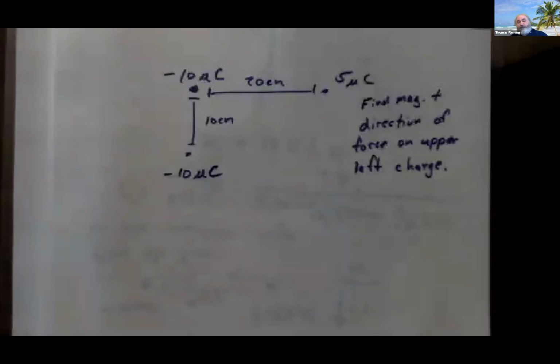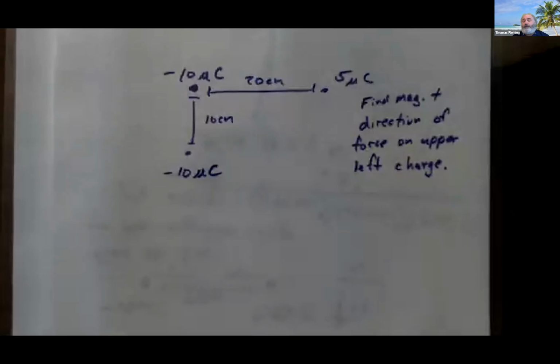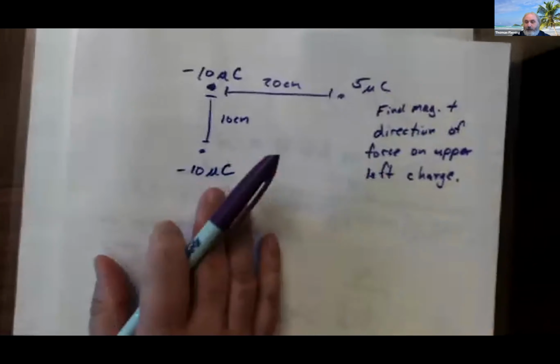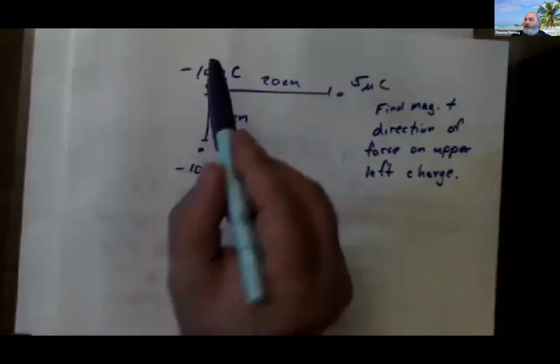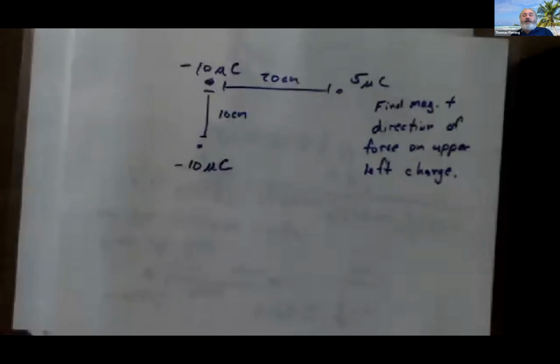So if I want to find the force experienced by this charge here, I'm going to figure out what force this guy feels because of this guy separately from what force this guy feels because of this guy. Then once I know what those two forces are, I'll add them up like vectors. So far, so good? Yes.